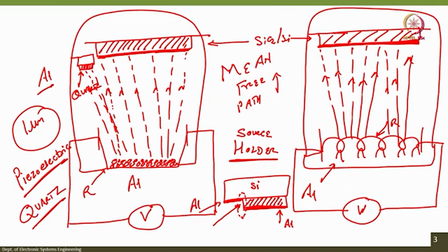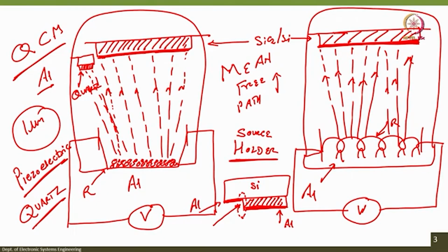So, we can use a quartz crystal monitor called QCM to monitor the thickness of the material that we are depositing onto the substrate. That is the first point that you need to remember, right. QCM, quartz crystal monitor, can be used to monitor the deposited film, how much film is deposited, and the rate of deposition.